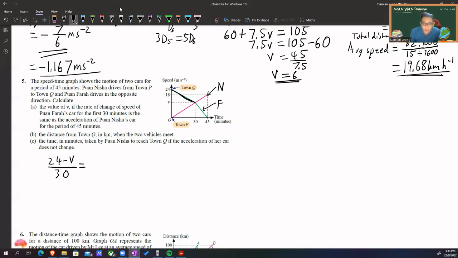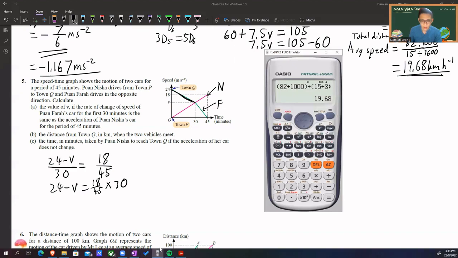So change in speed 18 over change in time 45 minutes. Bring up the 30. 24 minus V is 18 over 45 times 30. Divide 30, opposite times 30. 18 over 45 times 30 is 12.